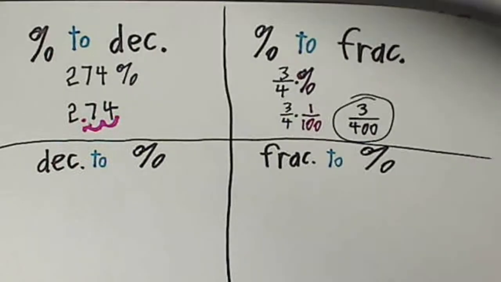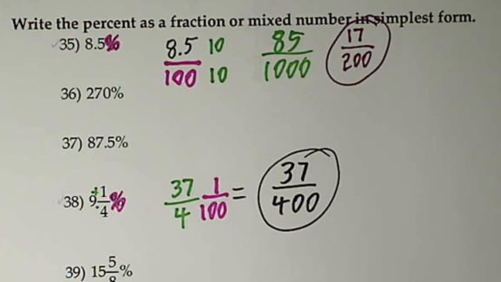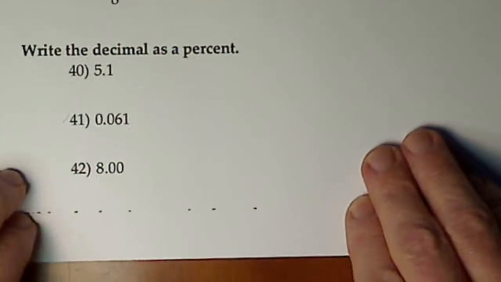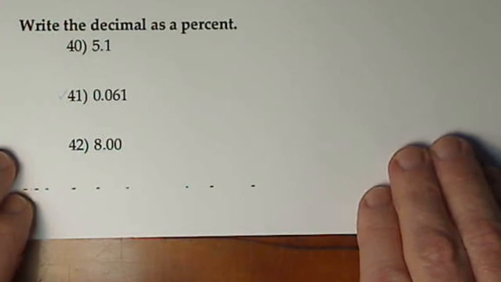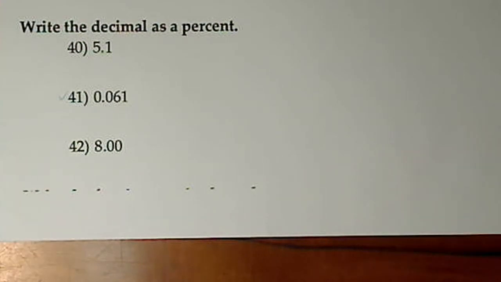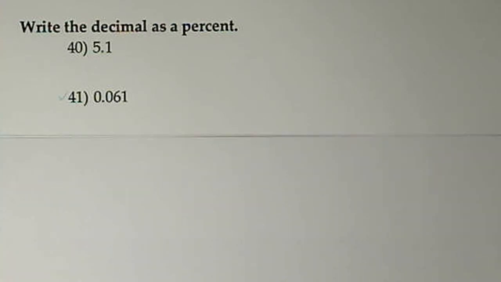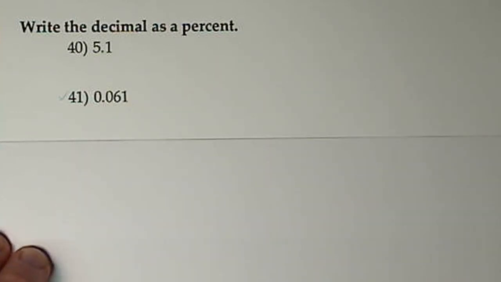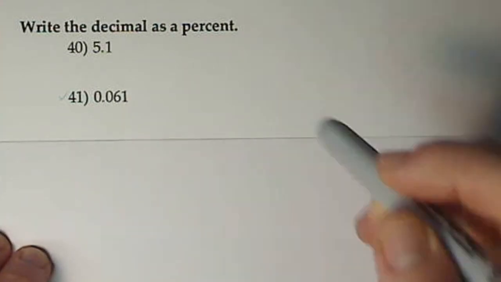Okay. Let's take a look at our next one. It'll be 41, and we're going to go from decimal to percent. And we have, now there's no percent sign here to start, and I'm not allowed to just walk up and write a percent sign.